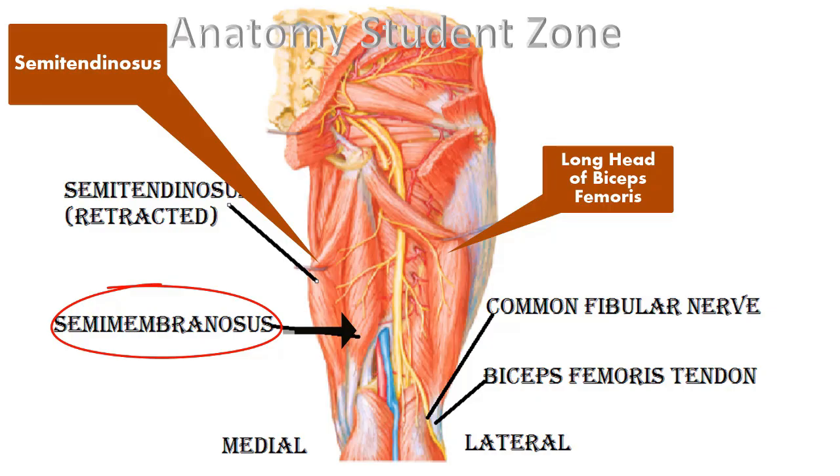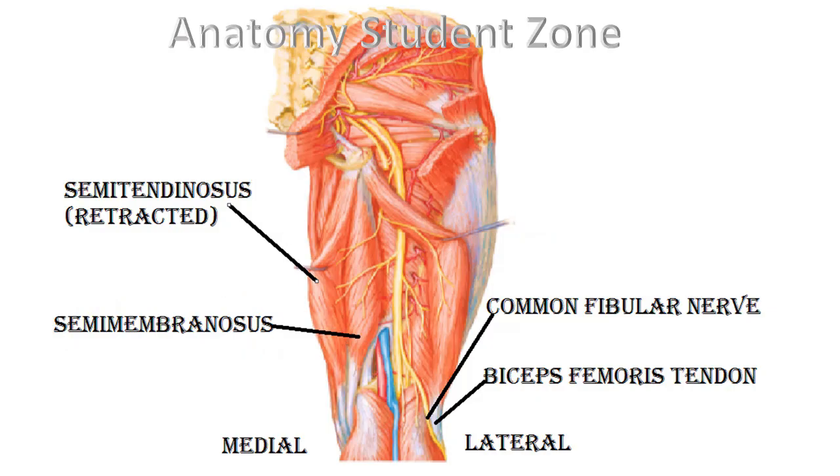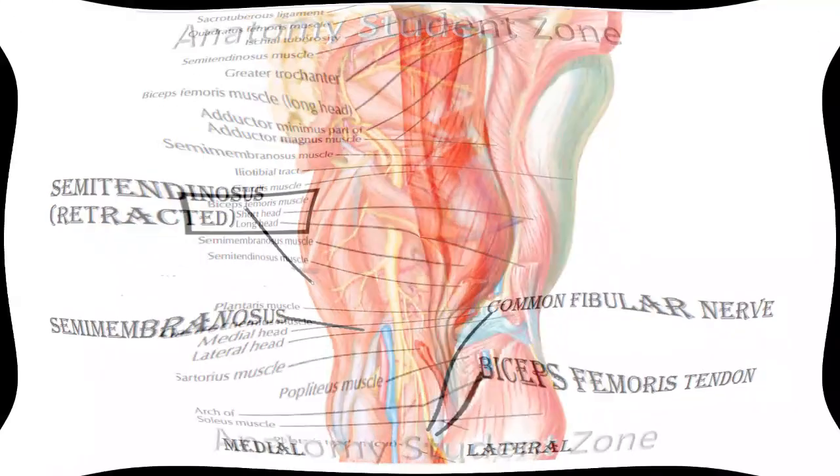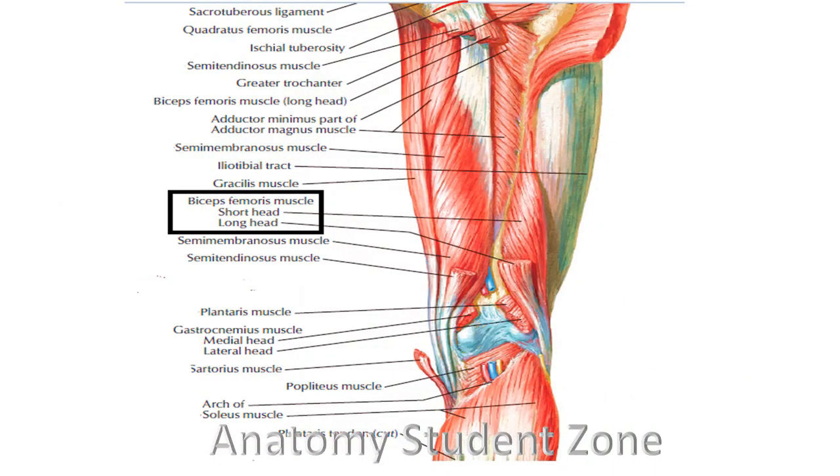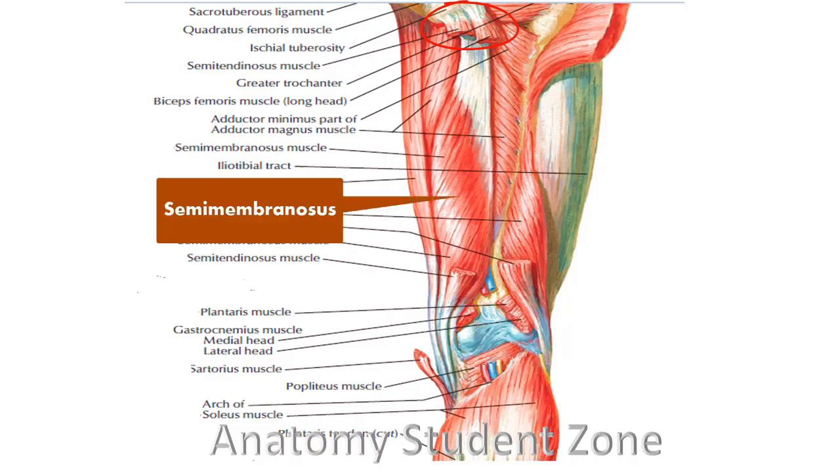And when you retract the long head of biceps, you are going to observe another muscle of the posterior compartment of the thigh, that is semimembranosus. You can clearly observe in this section the long head of biceps femoris, and the semitendinosus is removed. So when we remove this muscle, we are able to see semimembranosus, as I told you earlier.